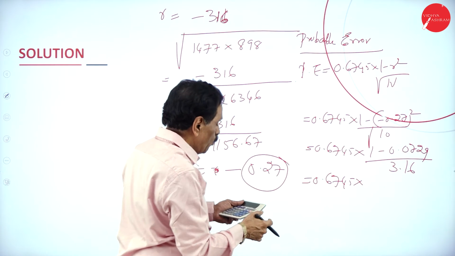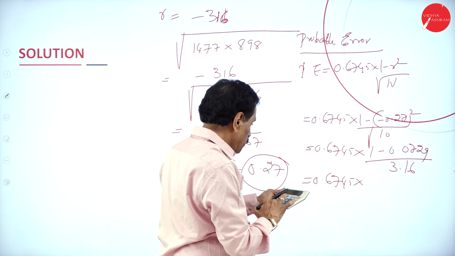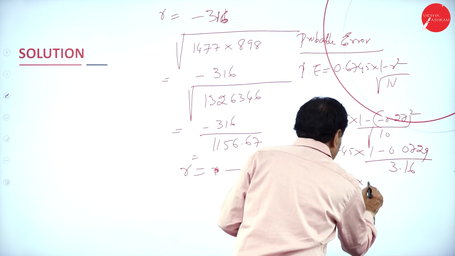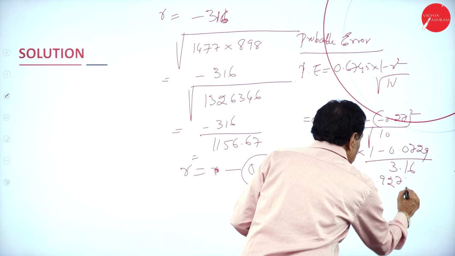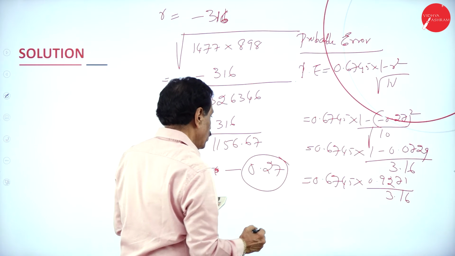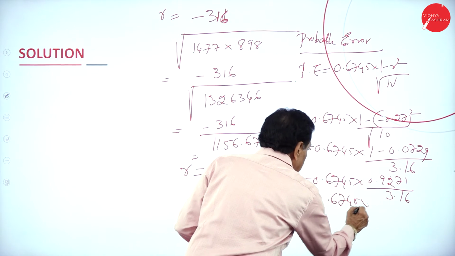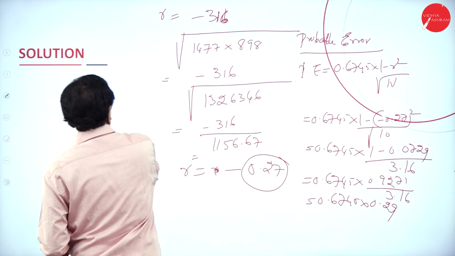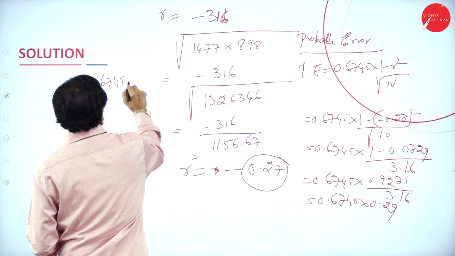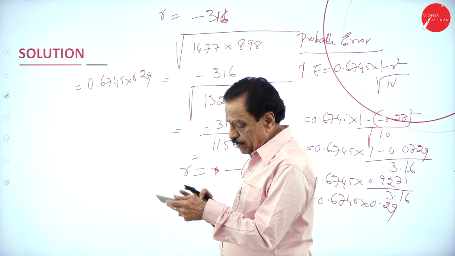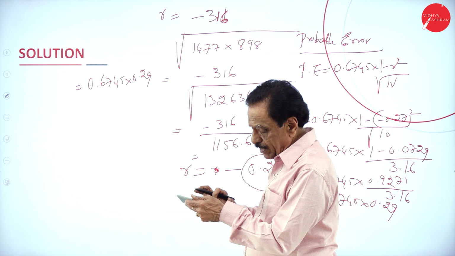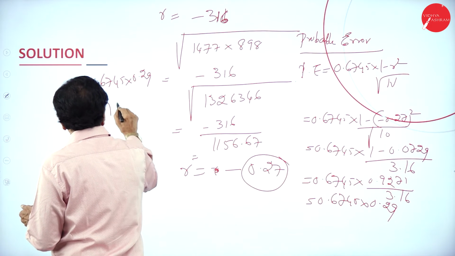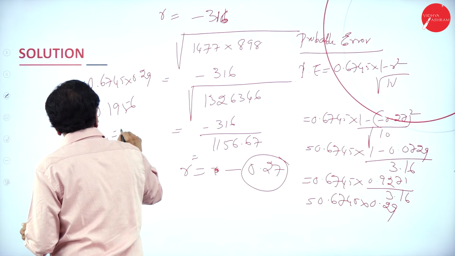This is 0.6745 into 1 minus 0.0729, 0.9271 divided by 3.16, 0.29. 0.6745 into 0.29, so the probable error is equal to 0.6745 into 0.29, 0.195, 0.1956, say 0.19.